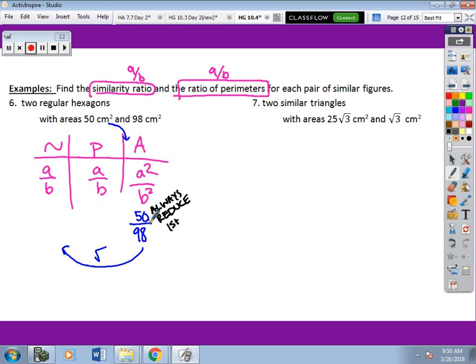So if I divide each of these by 2, I'm going to get that the area ratio is actually 25/49. Then I don't have to work with reducing radicals. Now I can square root these, and I will get that my similarity ratio is 5/7, and my perimeter ratio is 5/7.